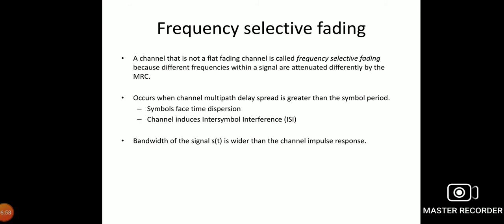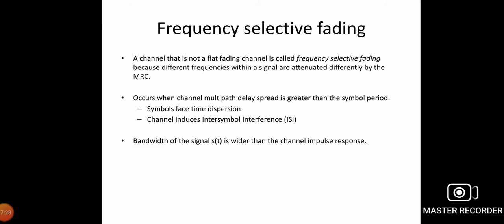In frequency selective fading, the gain is different for different frequency components, so the channel is frequency selective when viewed in the frequency domain. It is mainly caused by multipath delays that may exceed the symbol period of the transmitted signal.